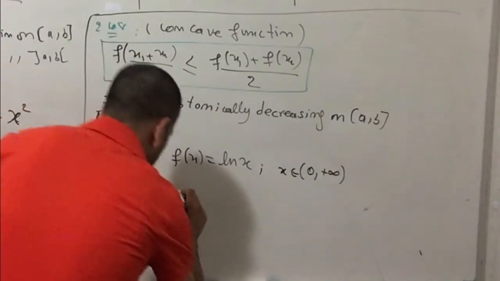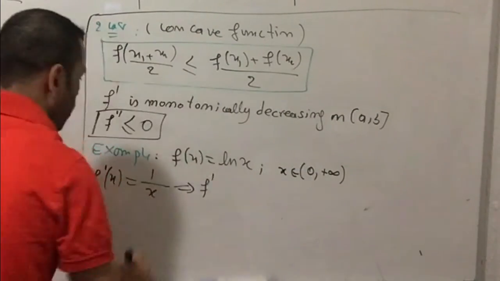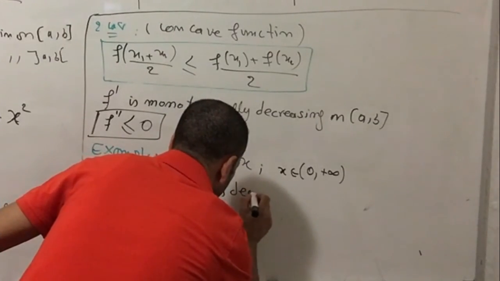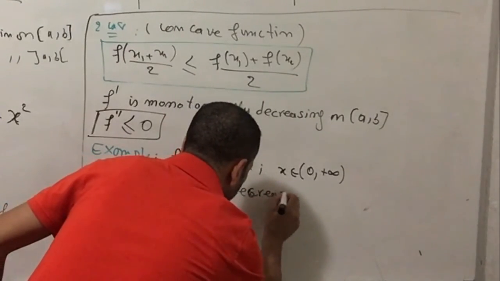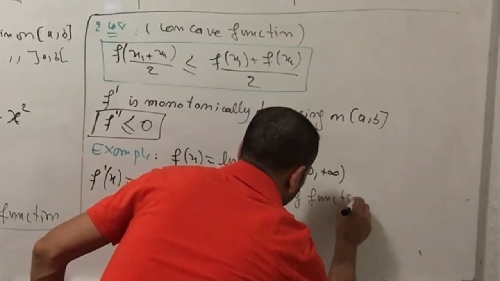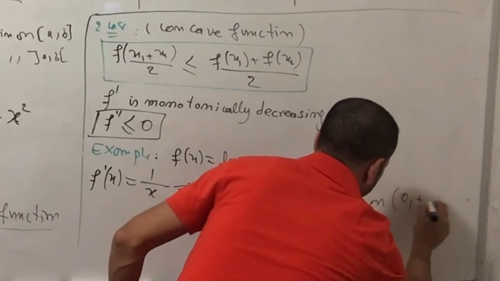So f prime, not f of x, f prime of x is a decreasing function on (0, plus infinity).